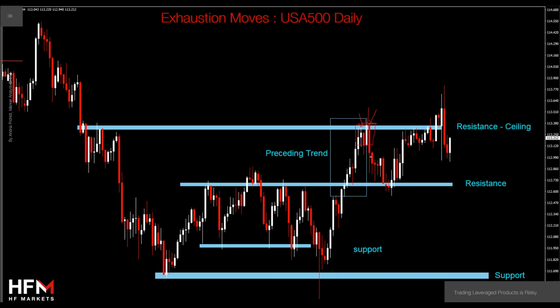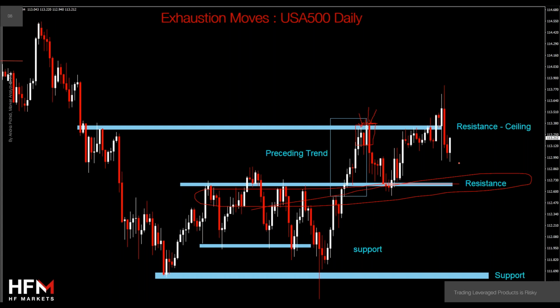So indecision with a bearish pattern, signaling a correction, a pullback, limited or not, who knows, but it was a pullback, and you could have benefited from a limited pullback, a short-term position with your previous resistance as target. Easy.